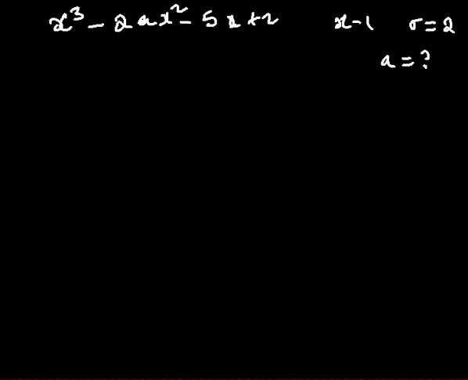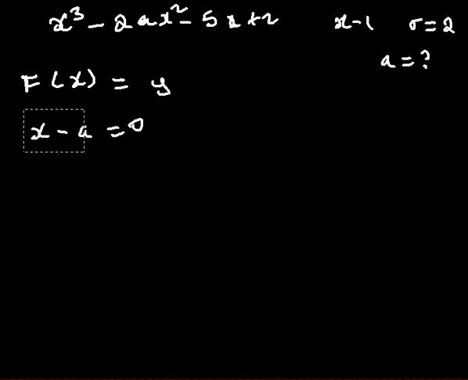So remember, we have taken that if we have the function f of x is equal to y, and when it is being divided by x minus a, you need to keep in mind that having x minus a is the same as x minus a is equal to 0.